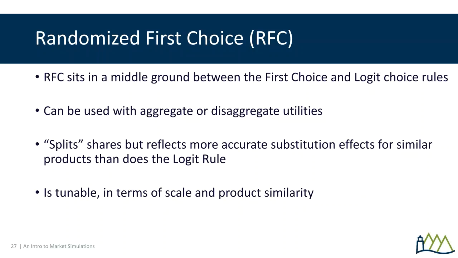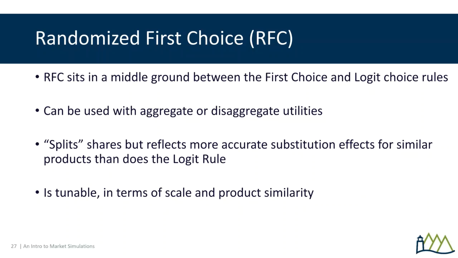What it's going to do is assume that you're making multiple choices, and split the shares based on multiple trips, assuming that you're going to make multiple trips and that you're going to be a little bit different.